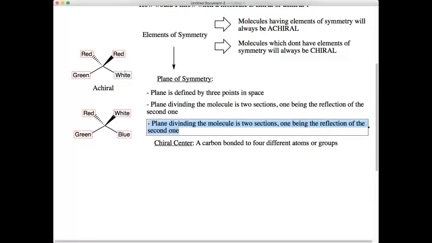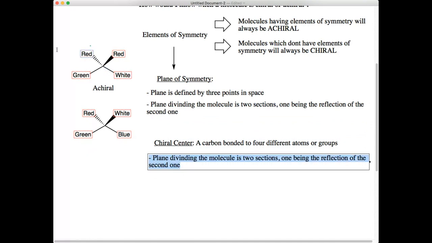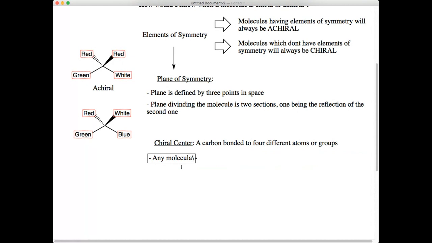I'm going to say here, any molecule having only one chiral center, just one, will be chiral. If there is more than one chiral center, the molecule could be chiral and could be achiral. I'll show you that now.